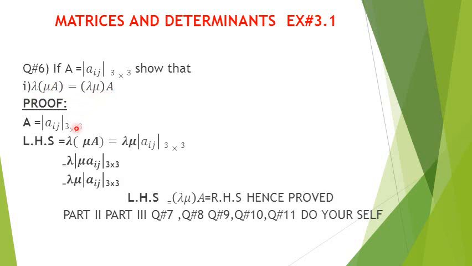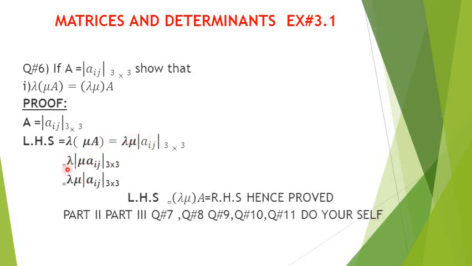So how can we prove it? A is equal to A of ij 3 by 3. Okay, what is the left hand side? Left hand side is lambda mu of A. Lambda mu of A means lambda mu is the same, and what is the value of A? A is Aij 3 by 3. Now lambda mu, because mu is a scalar quantity, it can be multiplied with the matrix.